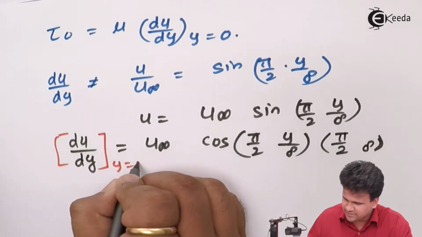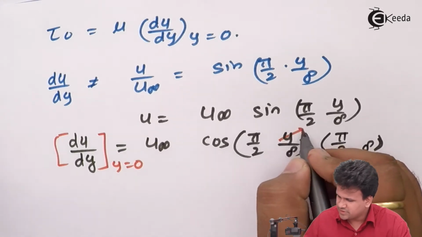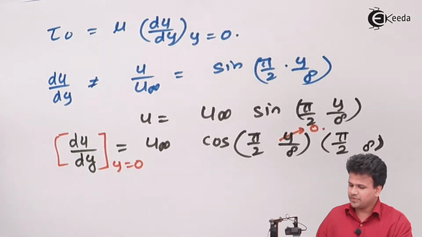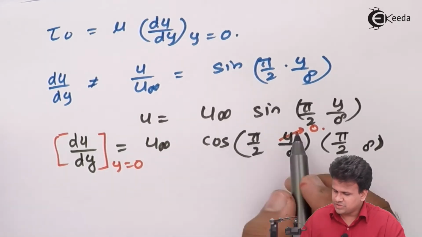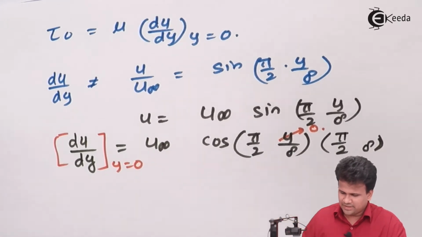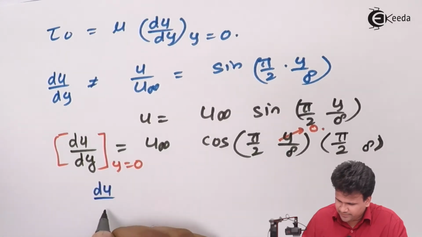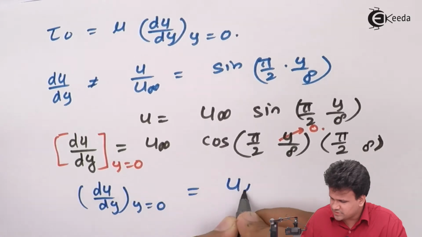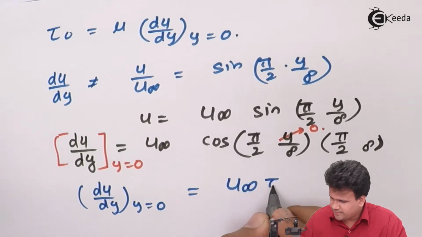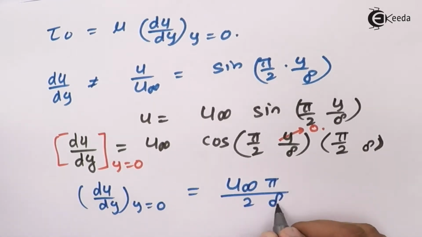We'll get cos 0, which will be 1, and so du by dy at y equals 0 is u infinity pi by 2 times delta.